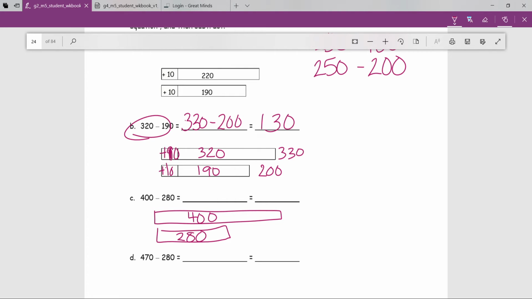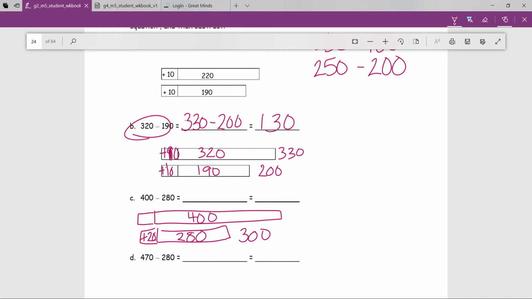And now I would look at that and think, okay, I know that I could do 400 minus 280, but the 8 in the tens place is going to be harder for me to solve. So I'm going to bump that up to the next 100. So I'm going to add 20 more to that so that I now have 300.